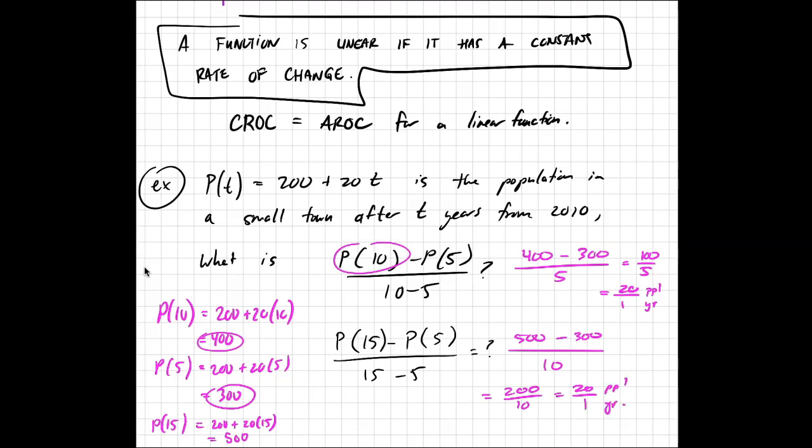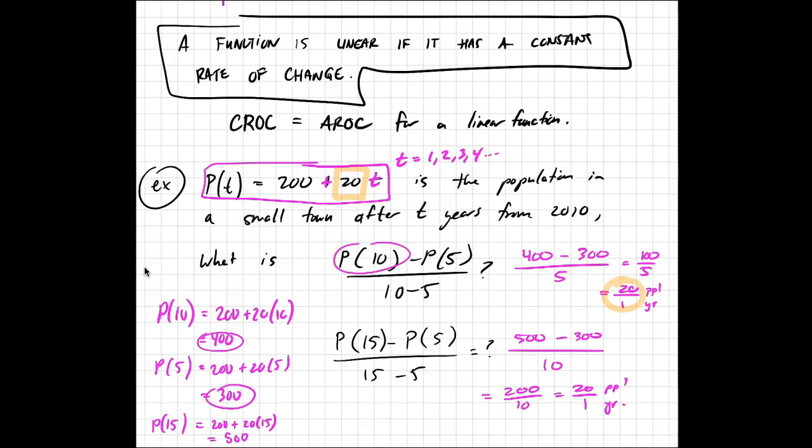So it seems that this is a constant 20 people per year, and it turns out if you do this with any two points, it will always be 20. That's really coming from the structure of this function. We're starting with 200, and then as t increases from 1, 2, 3, 4, etc., it's getting multiplied by this 20. So for each 1 that goes up, we get 20 more.